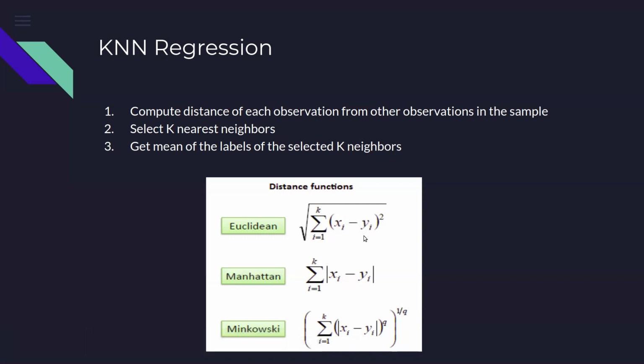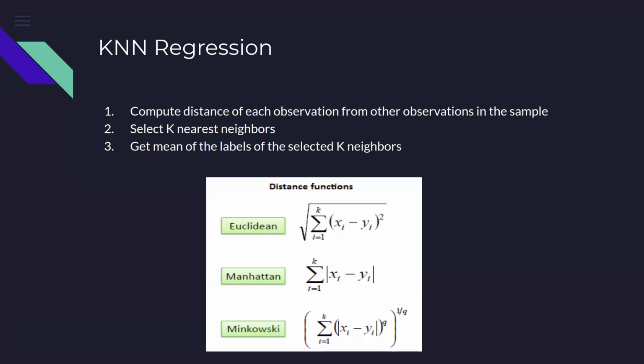So in the KNN regression, let's first understand conceptually, then we'll go into the maths. Conceptually, we are saying that we can make a prediction about the house by seeing which is the house most similar to the house for which I am trying to make a prediction.